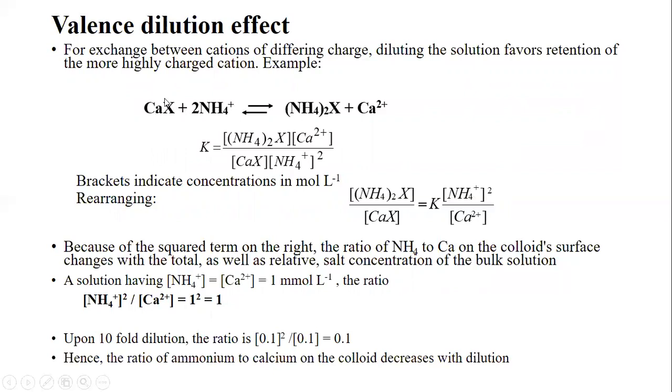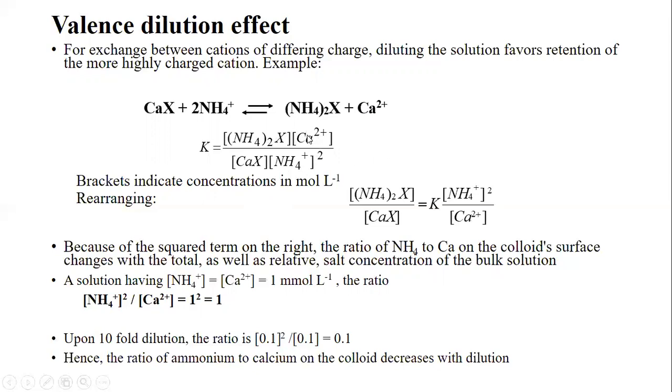Remember, 2 take the place of 1 for the 2 negative charges of the colloid. Then calcium is released in solution. The K for this reaction, okay, so we take the activity of calcium, or concentration. If we talk about concentration, we can take concentrations instead of activities.